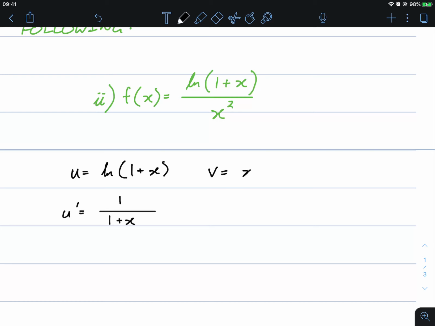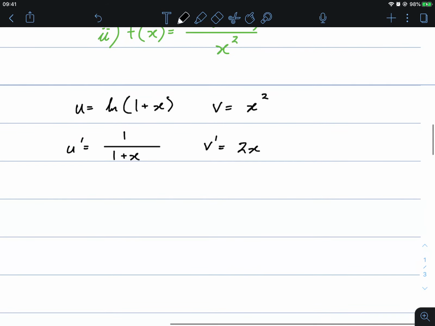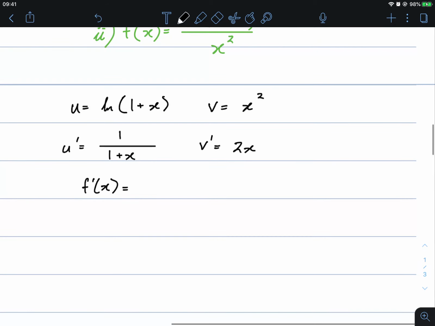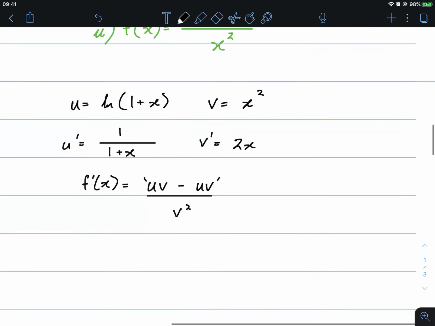V is x squared, v prime is 2x. Now the quotient rule: f prime of x is given as, and I'll show you a little trick of how I remember this, u v minus u v over v squared, and the derivatives I just put on the outside like this. So this means it's u prime v.